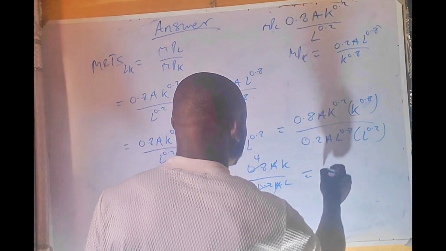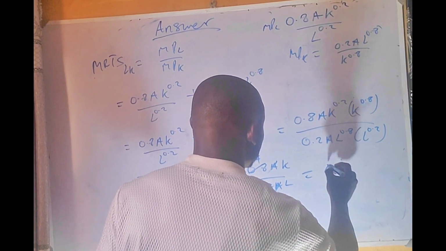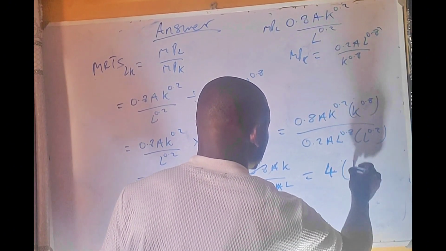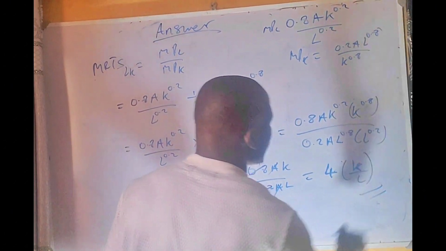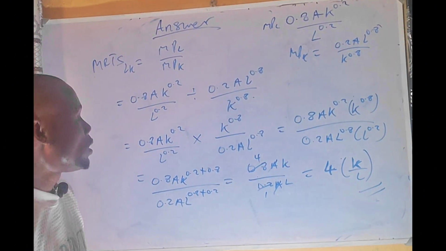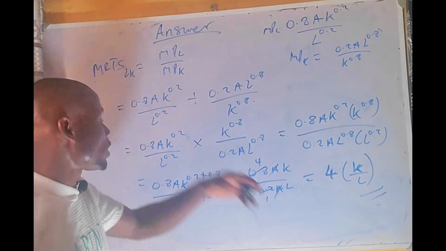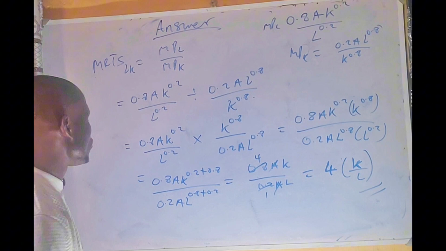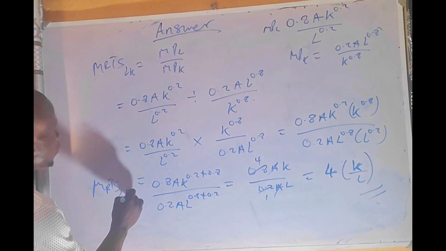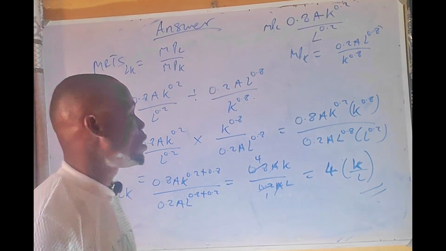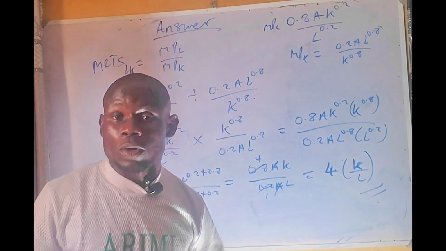So this now equals 4 into K over L. And this will be the marginal rate of technical substitution of labor for capital. It's as simple as that. It's 4 into K over L, K is capital, L is labor.